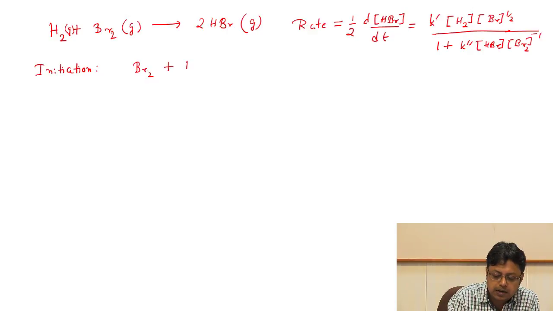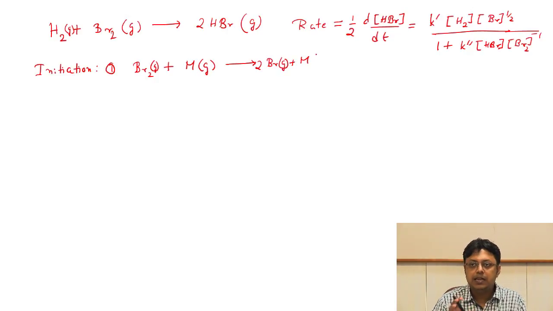That something we're writing as M. We'll come to what M means. This is step number 1. It forms 2 bromine radicals plus M, and these bromine radicals are also in gas phase, plus M, which is gas phase. Now that M can be any species, so basically it's a collisionally activated dissociation of Br2 into 2 bromine radicals.